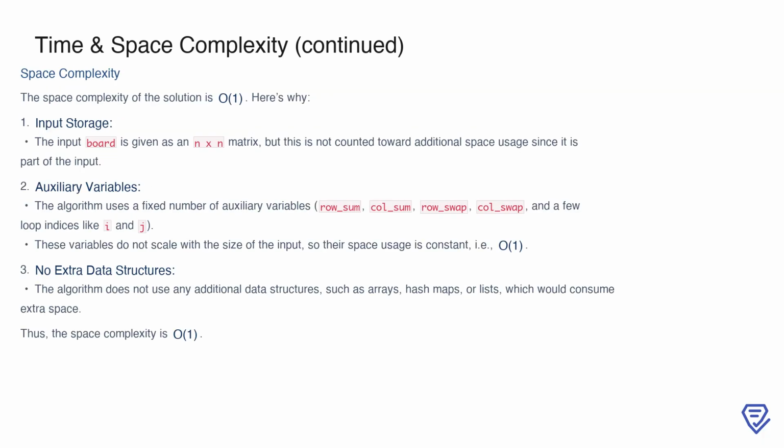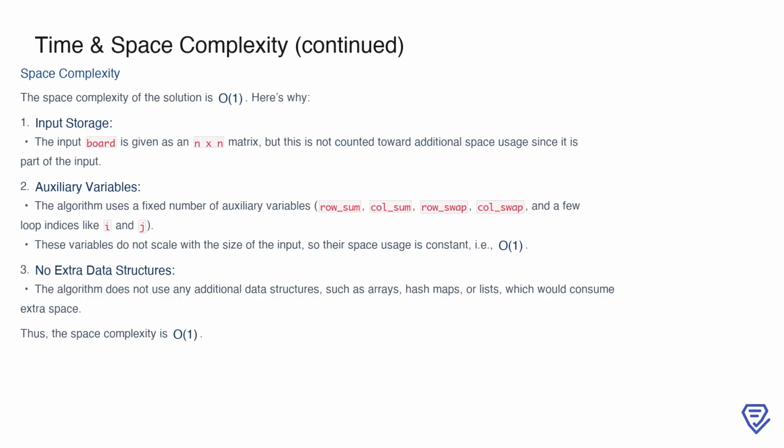Now, let's analyze the space complexity of the solution, which is O(1). First, the input board is an nxn matrix, but since this is part of the input itself, it doesn't count as additional space. The algorithm uses only a fixed number of auxiliary variables, such as row_sum, col_sum, row_swap, col_swap, and a few loop indices like i and j.